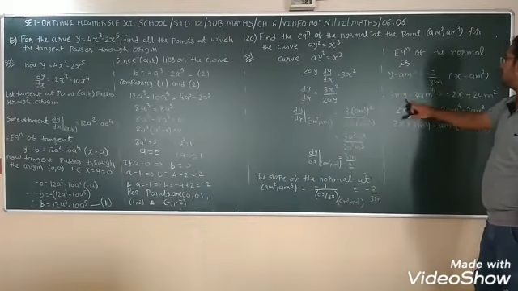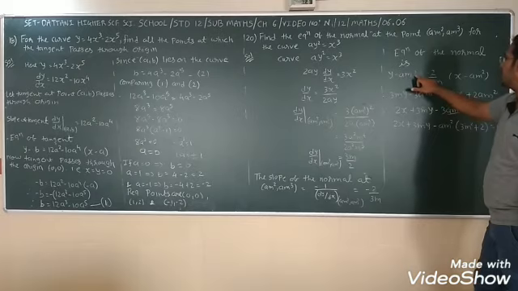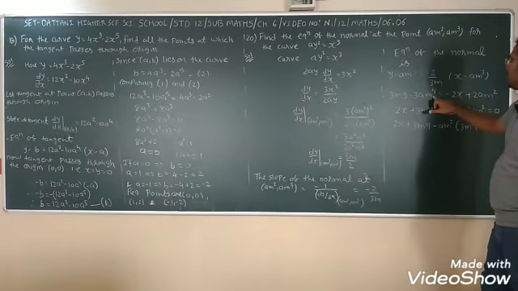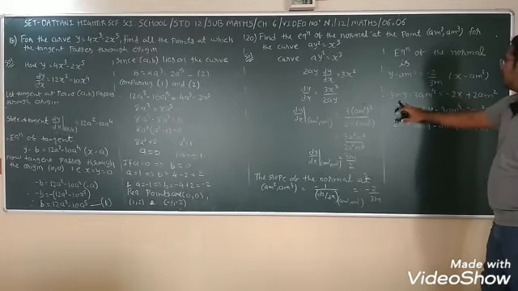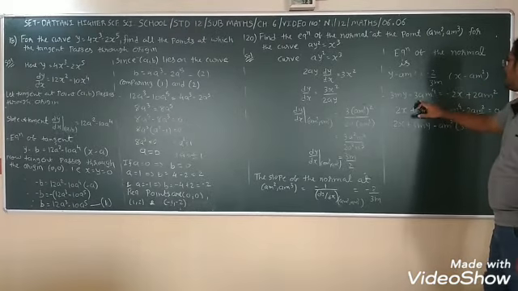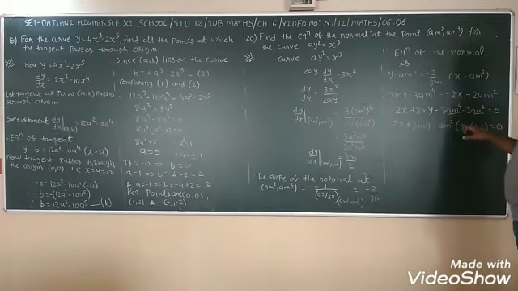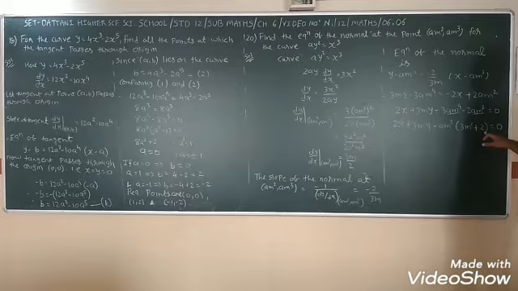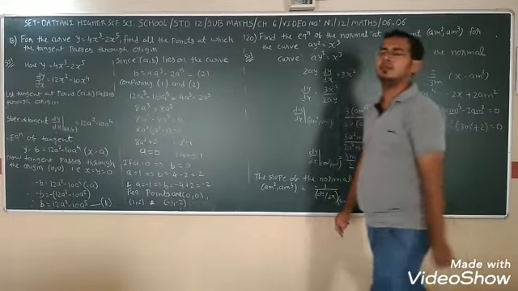Cross multiplication gives 3my minus 3am raised to 4 is equal to minus 2x plus 2am square. Changing sides, 2x plus 3my is equal to 3am raised to 4 plus 2am square. Taking am square common, we left with am square (3m square plus 2). That is our final answer.